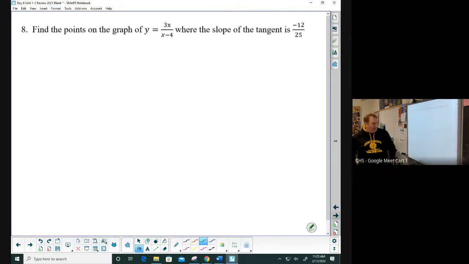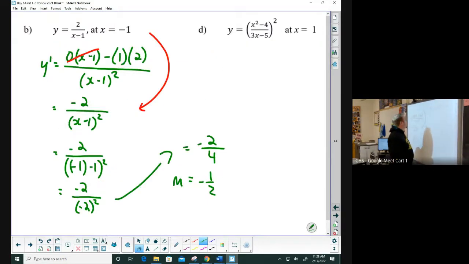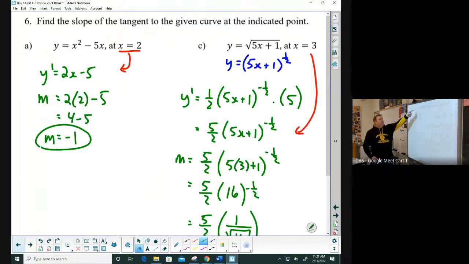So if you just think back 2 questions ago, this question here said, find the slope of the tangent at the given point. So I gave you the function, you differentiated, you plugged in the point, you got an answer. This question is doing the opposite. It says, here's the function, here's the answer.